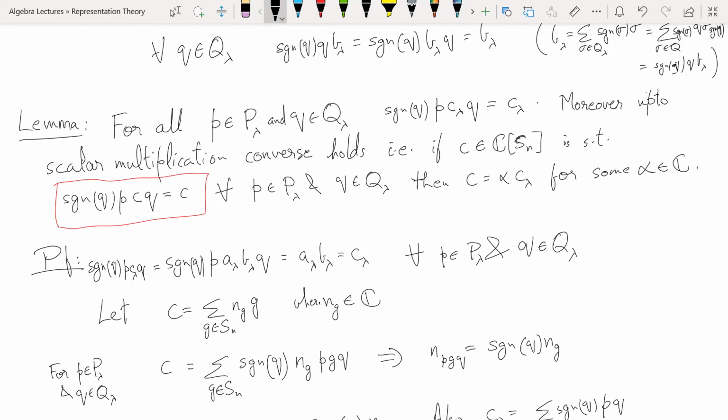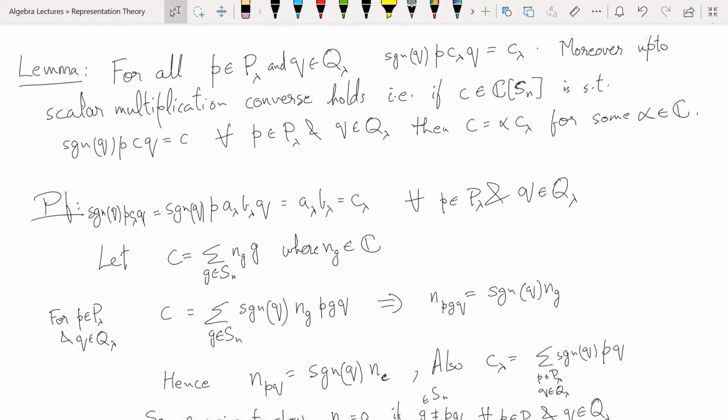You are multiplying by P and then post-multiplying by Q. But the coefficient of PgQ in C is n sub PgQ. So that tells you that n sub PgQ is the same as sign of Q times n_g. From this thing which I have boxed, we get this identity. Maybe I'll erase this box now.